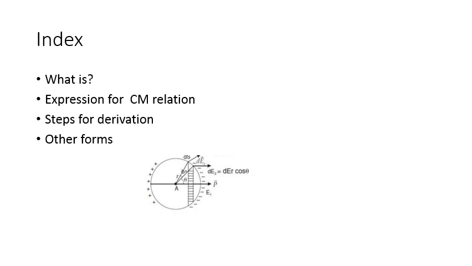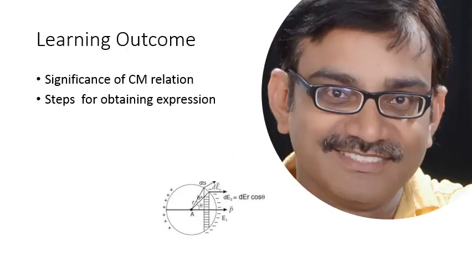Then we will also discuss in brief other forms of this equation. At the end of this lecture, you will learn about the significance of the CM relation and the steps for obtaining the expression.